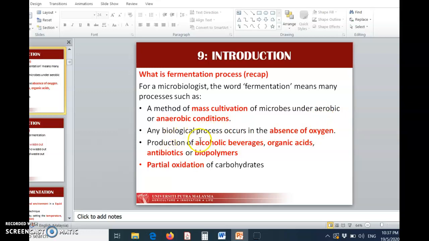Fermentation also produces many kinds of products, for example, alcoholic beverages such as beer, wine, and so on, organic acids, antibiotics, and biopolymers for industrial application. Fermentation can also be defined as partial oxidation of carbohydrates to produce other products, or partial oxidation of substrates. In the previous lecture, we also took a look at the possibility of using fermentation on protein and lipid, which is also possible.